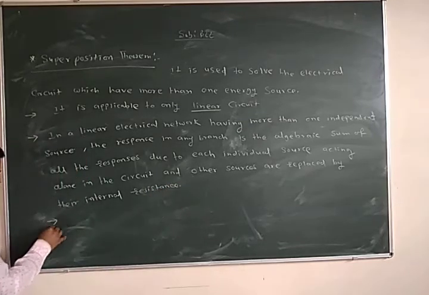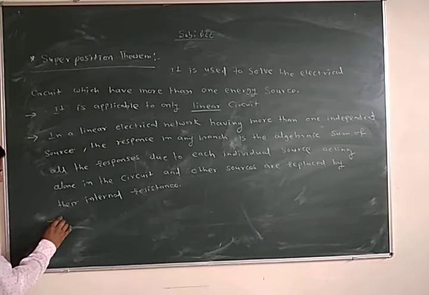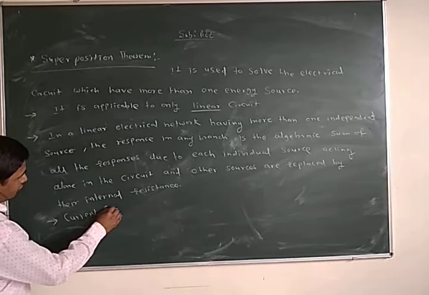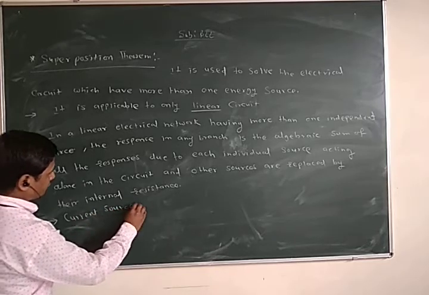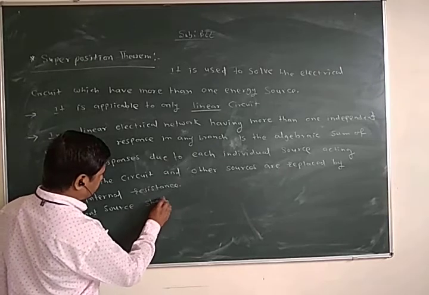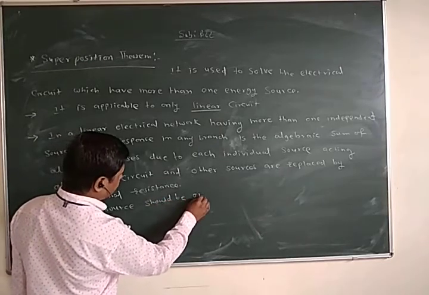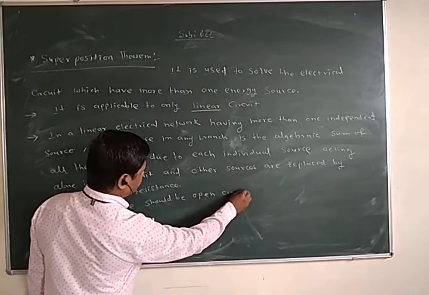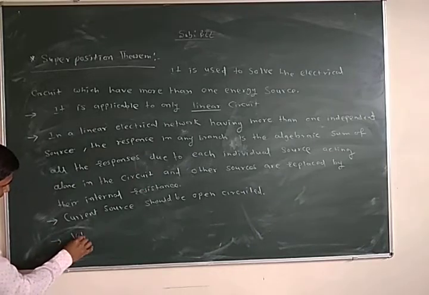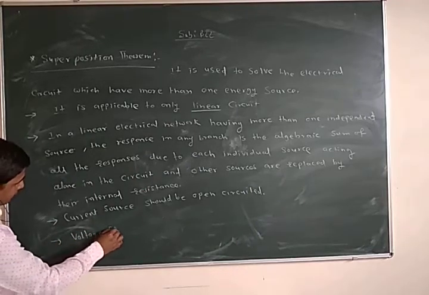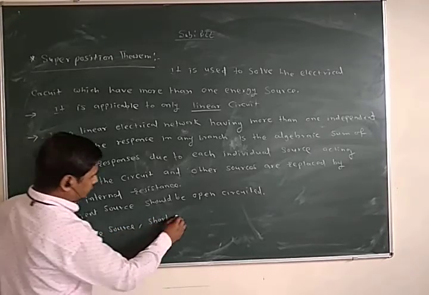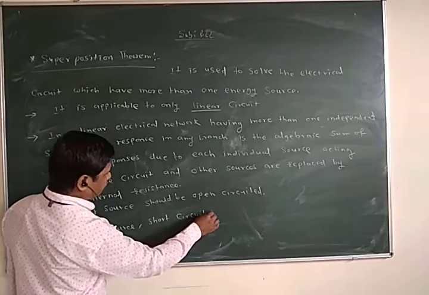Internal resistance means if there is a current source, it should be open circuited, and a voltage source should be short circuited.